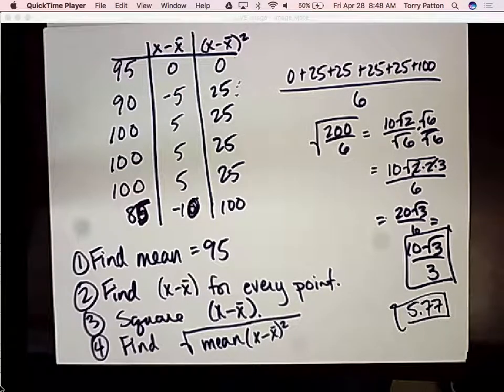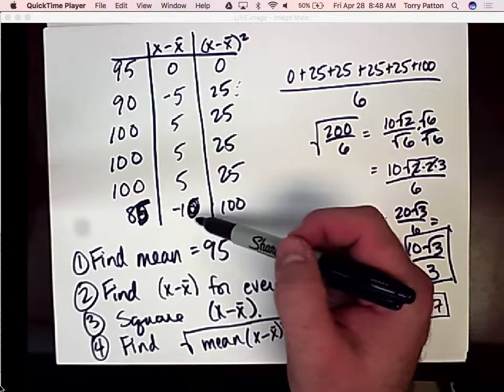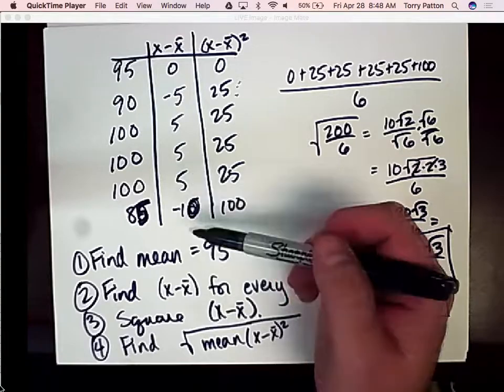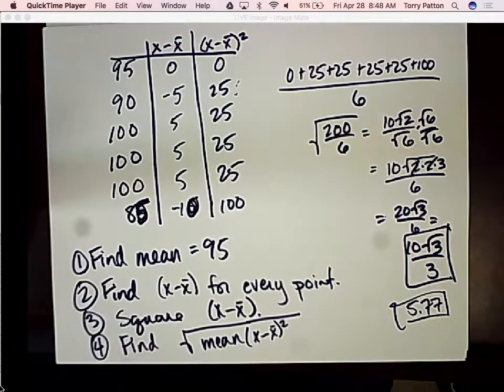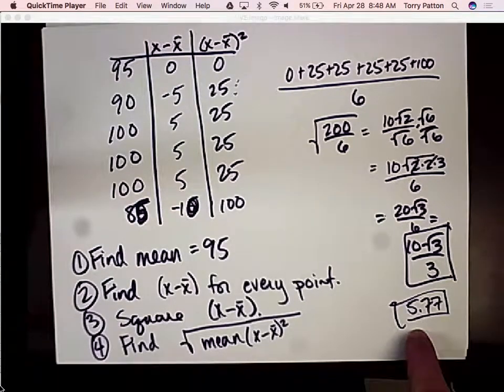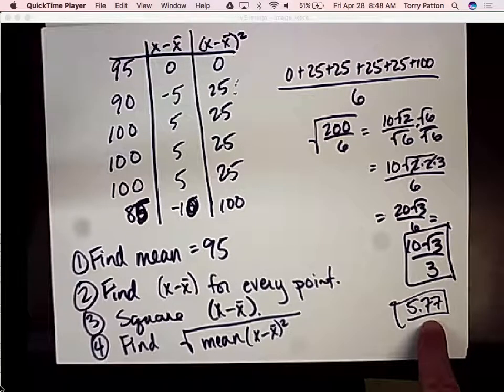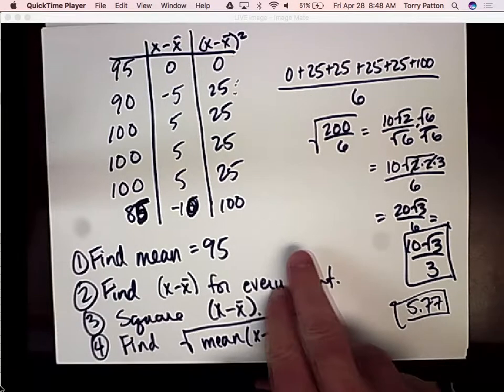This says, on average, you're a little more than 5 away from the mean. Does that make sense? This one wasn't, but this one was 10 away. So if you average those, that's 5 away, right? 0 and 10. And the rest of these were 5. So on average, because you do square and square root, it gets a little bit off. But yeah, on average, you were about 5.7 away from the mean, okay?